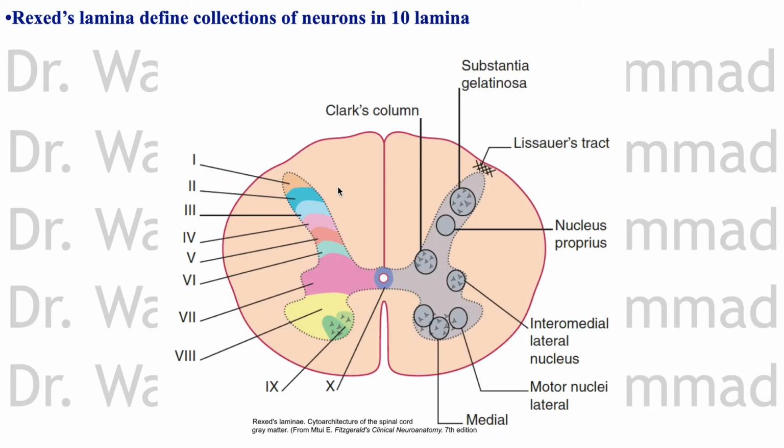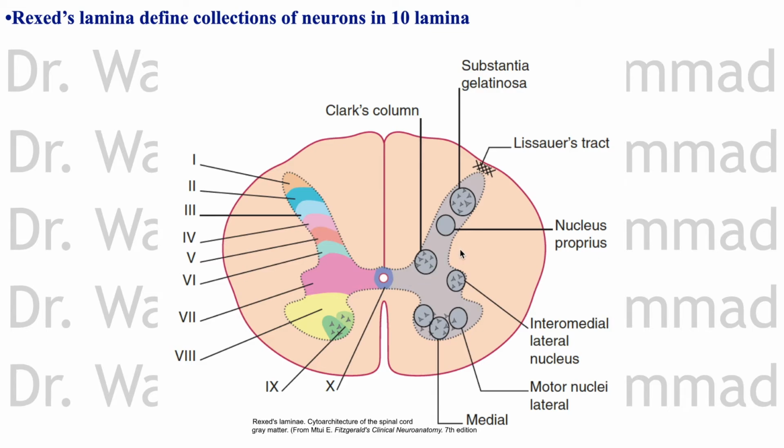Now, the gray matter, when studied, was found to be made of multiple nuclei, meaning collections of gray matter with different functions. These are called the laminae of Rexed and constitute 10 areas, starting from lamina 1 at the posterior tip of the posterior horn till lamina 10 at the middle around the central canal of the spinal cord.